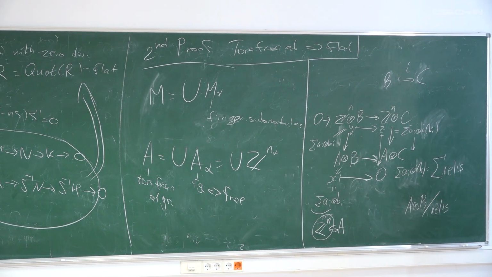These relations have the form of sums of tensors a tensor c. I consider all the a parts and the finitely generated subgroup generated by all these parts. So I have another Z^n tensor C, such that this relation is the image of these elements and the same relations of this group.